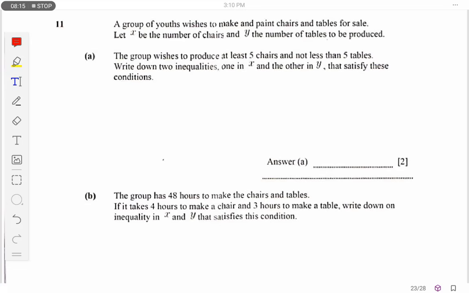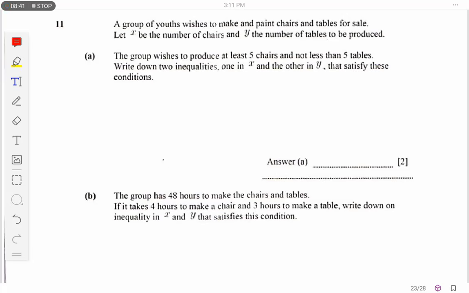Number 11 is saying a group of youths wish to make and paint chairs and tables for sale. Let X be the number of chairs and Y be the number of tables to be produced. The group wishes to produce at least 5 chairs and not less than 5 tables.